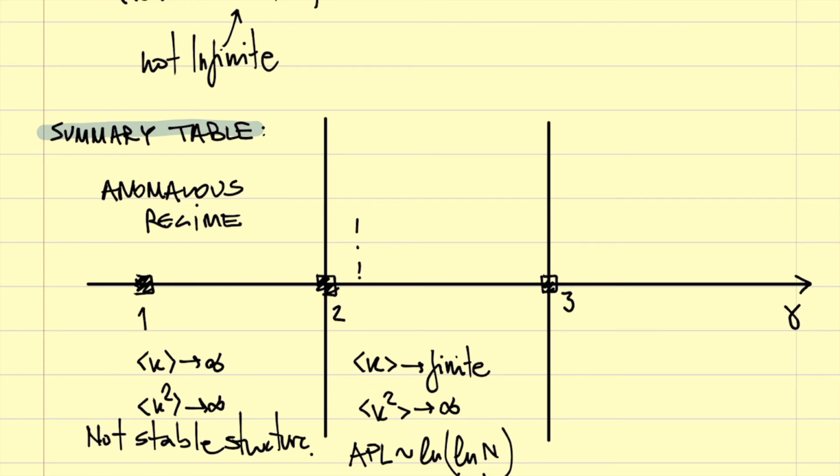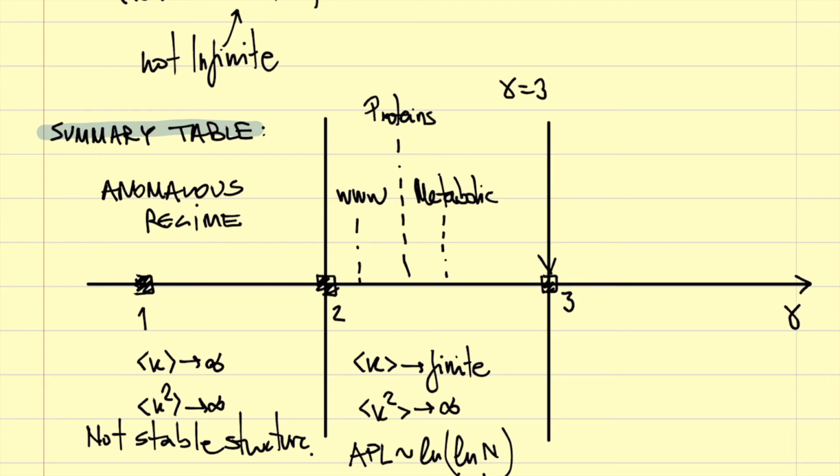This is, for instance, the World Wide Web, or these are the network of proteins in the human body, or this is the metabolic network of animals. I mean, there are many examples in nature. Here we have the situation in which gamma equals 3, okay?